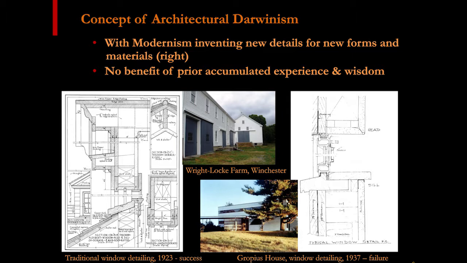He wasn't really used to the cold New England climate and all the condensation issues with that. Instead of this really well thought out sill detail, he kind of invented his own here that was mostly based on the aesthetics and the lines he wanted to create, and didn't really think about getting water out or keeping water out. So a lot of flaws with that really hurt the Gropius house in terms of trying to be durable.